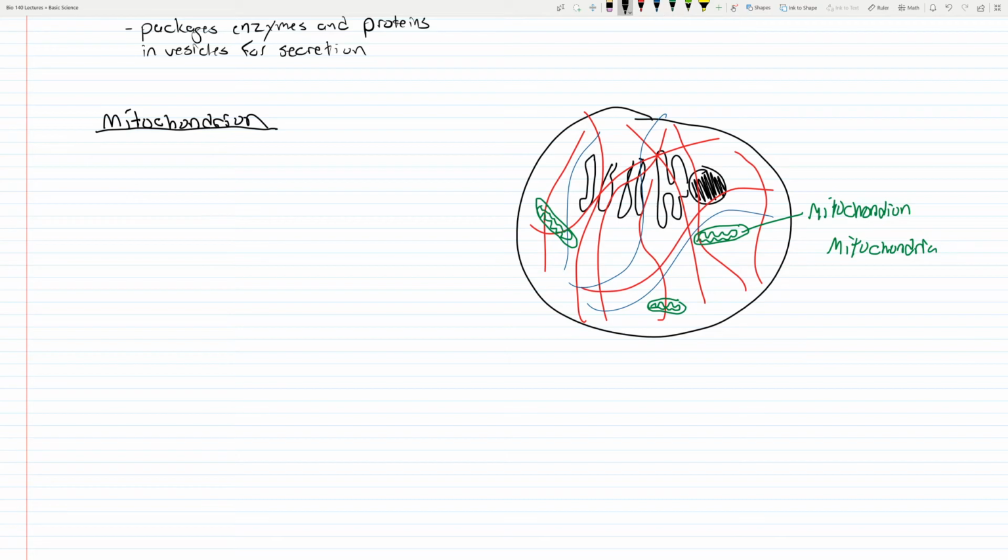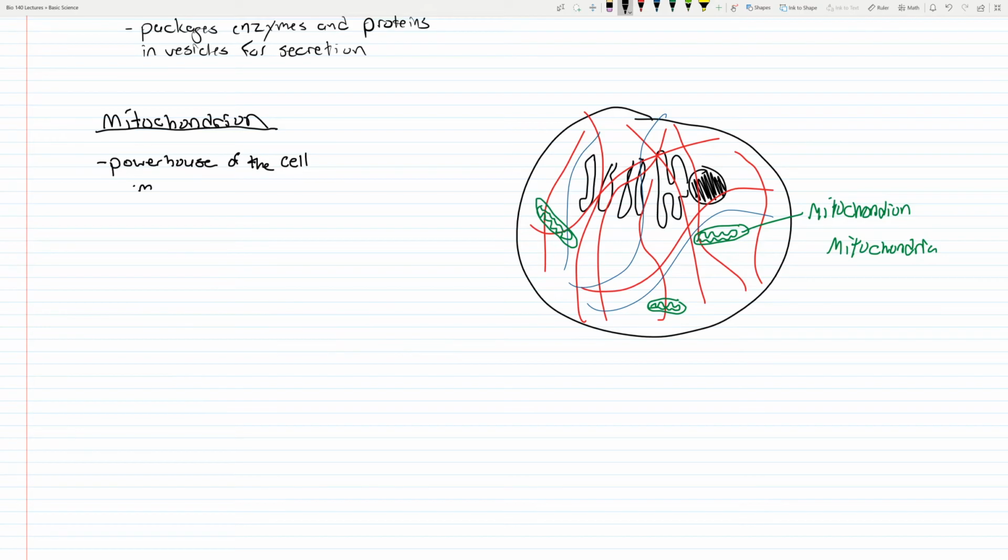All right, so what is it and what does it do? So I know this microbiologist and he hates this definition, but I think it's the definition that actually fits the best. It is the powerhouse of the cell. So what does that actually mean?